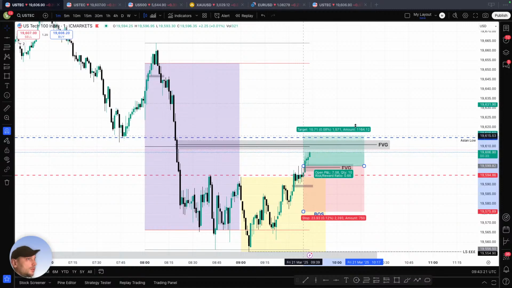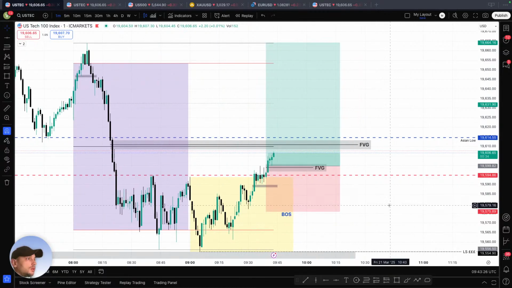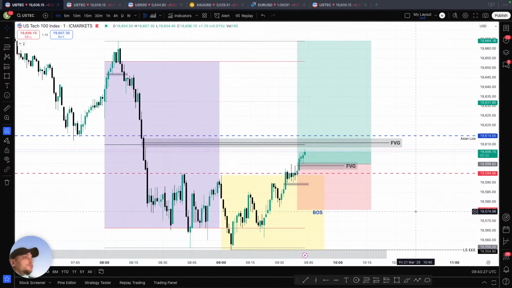If we break above this fair value gap, we can go break even. And we're watching.